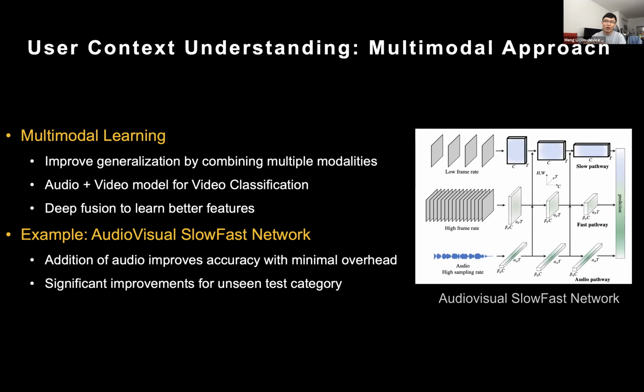Instead of just taking one video stream as an input, this network takes 3 different streams, including a low frame rate video, a high frame rate video, and a high sampling rate audio as an input, and encourages feature fusion throughout the network. And the ultimate purpose is to provide the most accurate video classification.